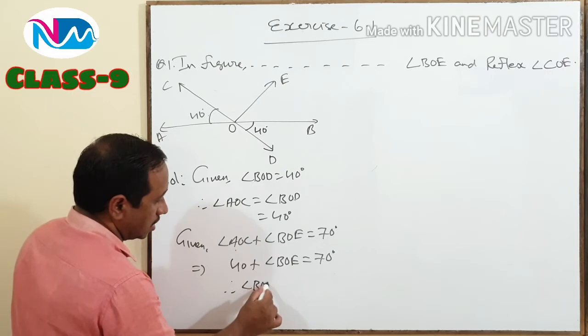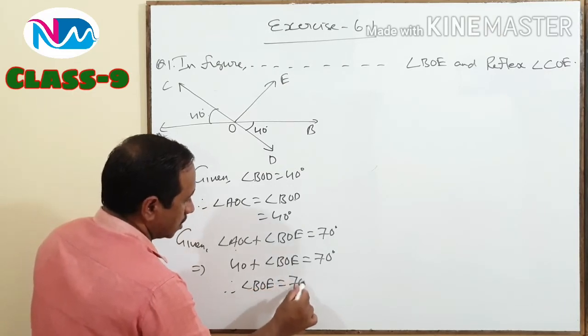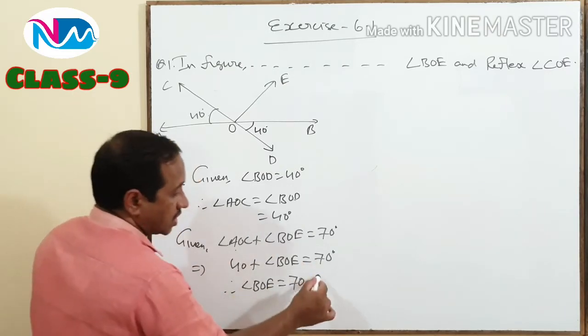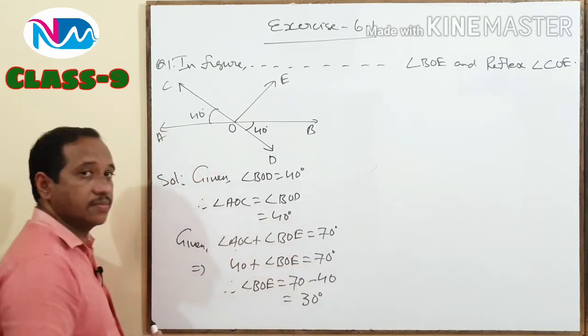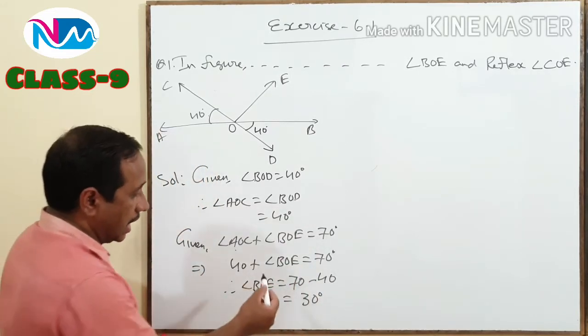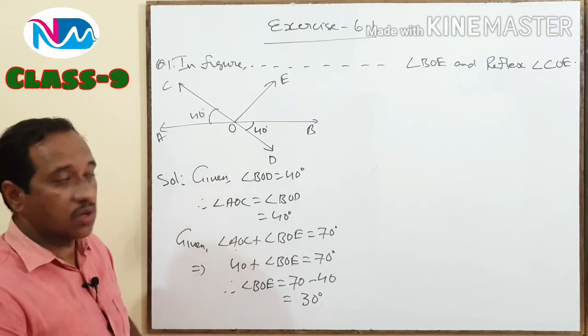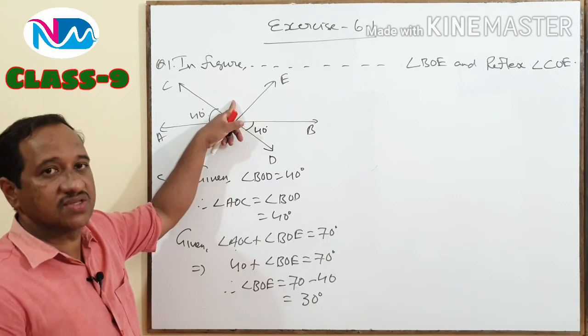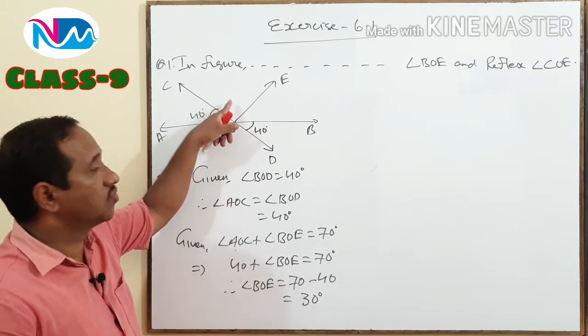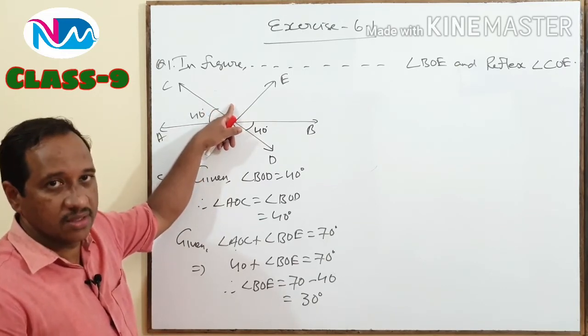Therefore, angle BOE is equal to 70 minus 40, which is equal to 30 degree. So we are getting angle BOE. Now we have to find reflex angle COE. To get reflex angle COE, we have to find what is angle COE.